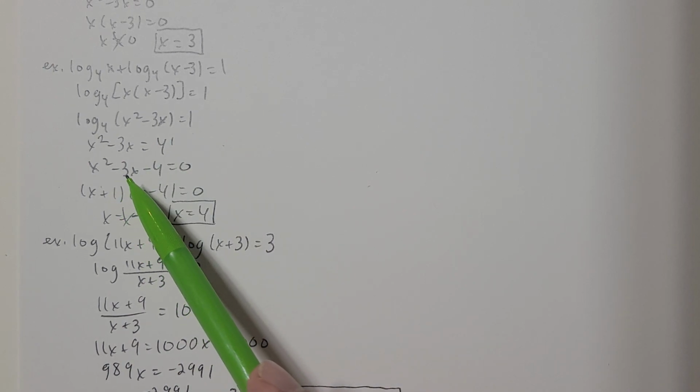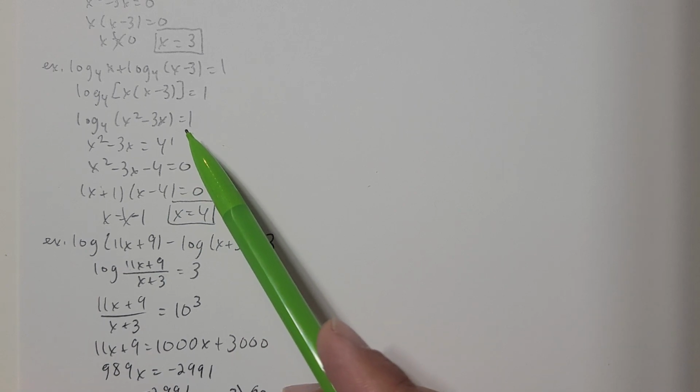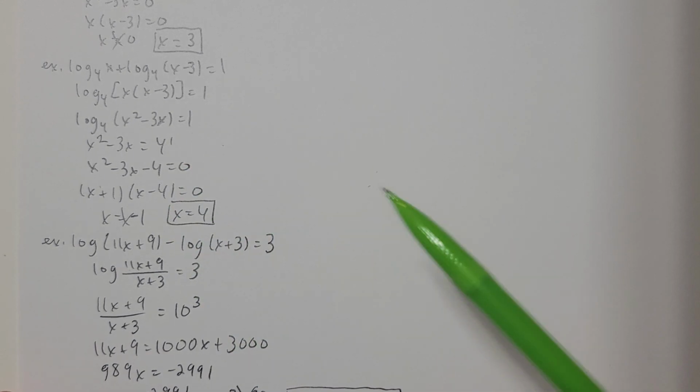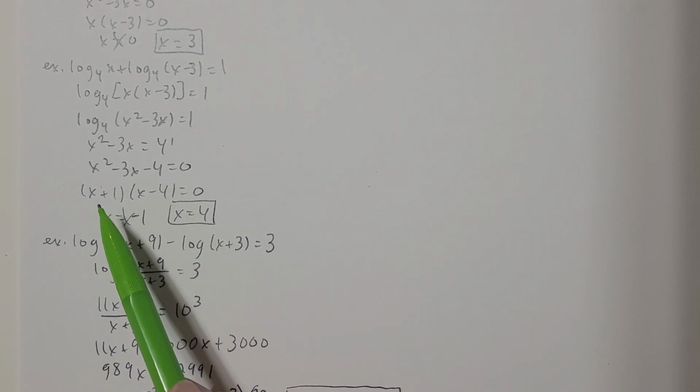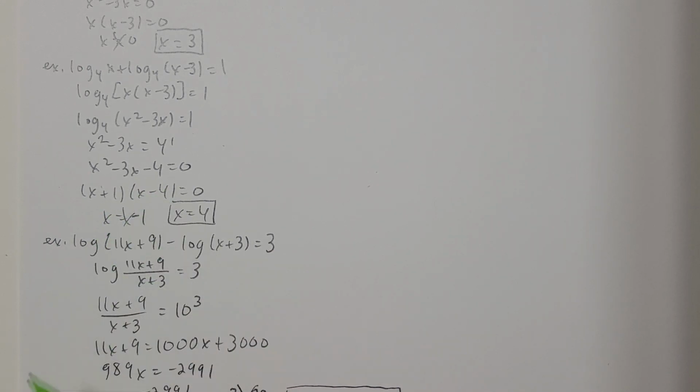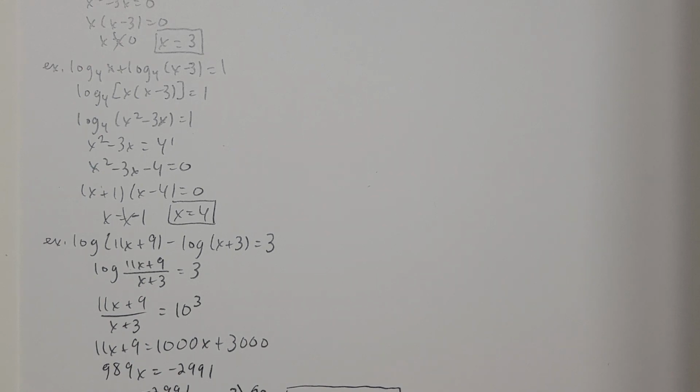So I get x squared minus 3x minus 4 equals 0. I'll mention another option that you can consider just after we get the results here. This is going to factor as x plus 1 times x minus 4. And so x is -1 and x is 4 are the two possible answers.